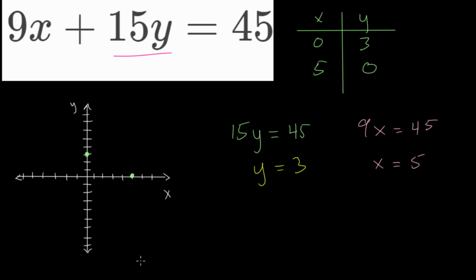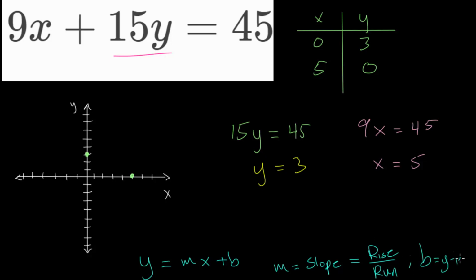And remember, slope-intercept form is just y is equal to mx plus b, where m is the slope of the line, which remember is defined as the rise divided by the run, or essentially how much the y values change divided by how much the x values change. And b is just the y-intercept. It's the y value when x is equal to 0, since if you plug in 0 here, this term goes away, and y is equal to b.